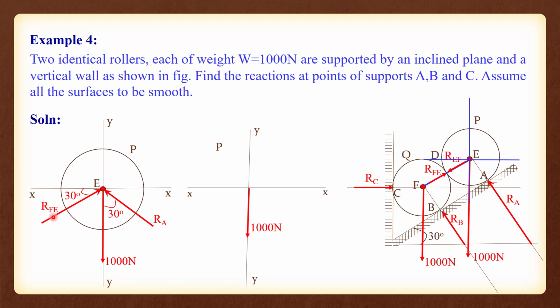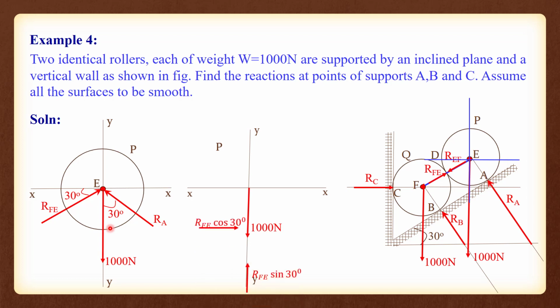Now when you consider the reaction RFE, you can resolve this also into two components, one along the horizontal and the other along the vertical. The horizontal component will be acting towards the point E, that will be RFE cos 30, and the vertical component will be acting in the upward direction, towards the point E, and that will be RFE sin 30.